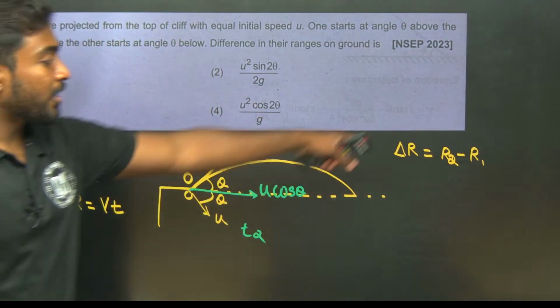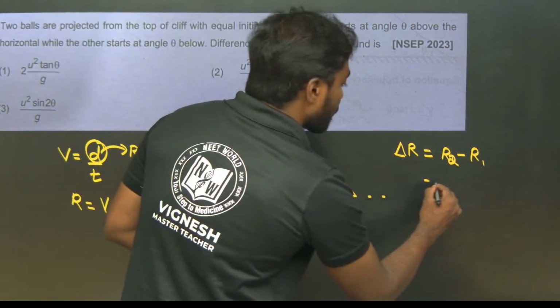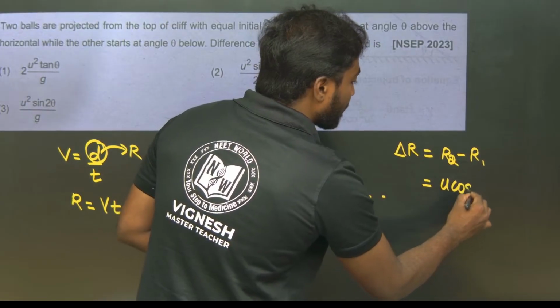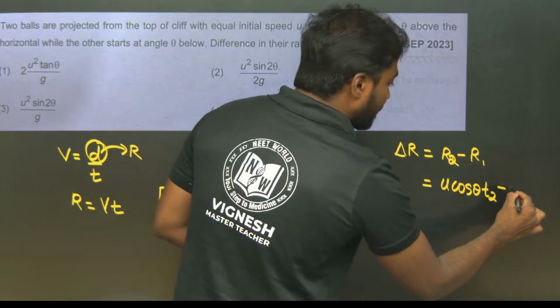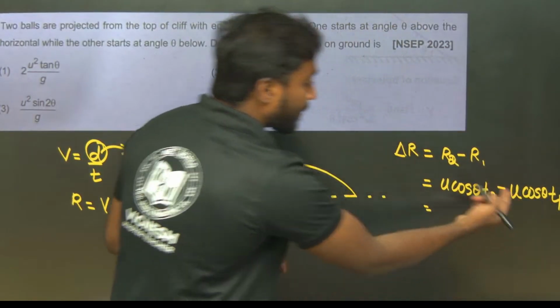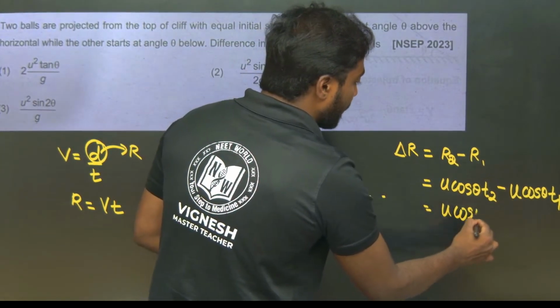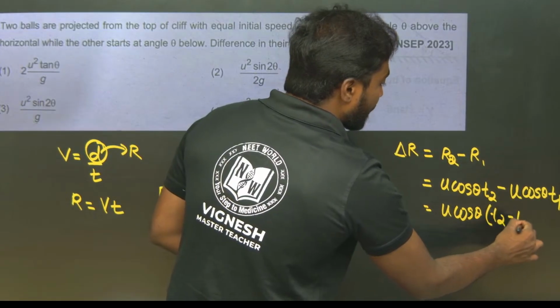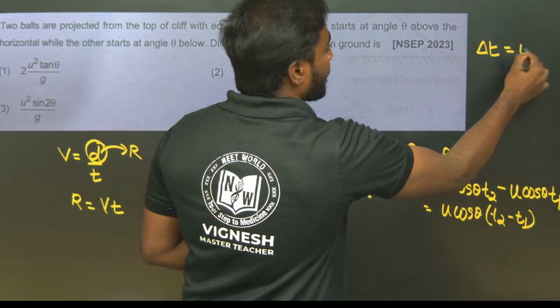So range 2 is u cos theta t2, minus u cos theta t1. Taking u cos theta outside, u cos theta into t2 minus t1. We know that delta t is nothing but t2 minus t1.